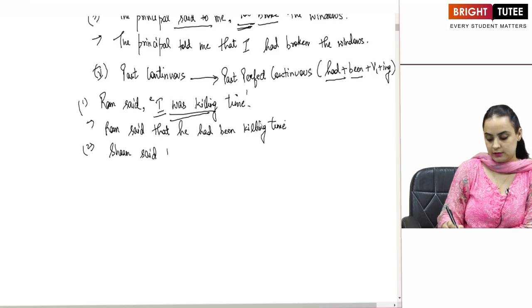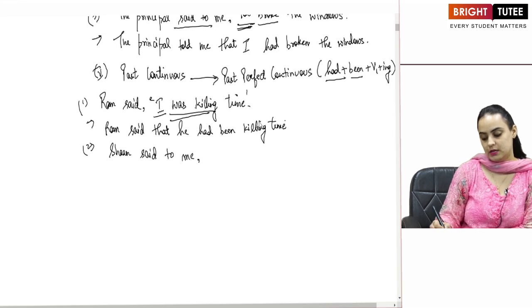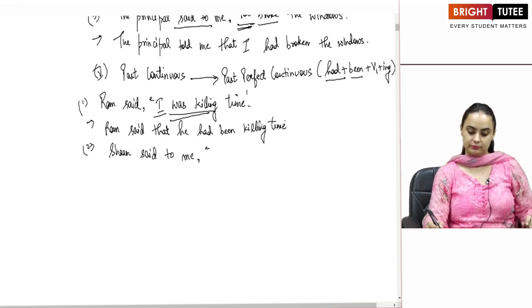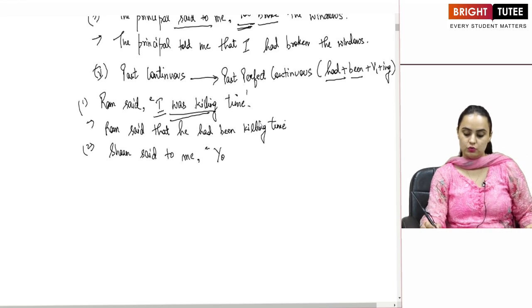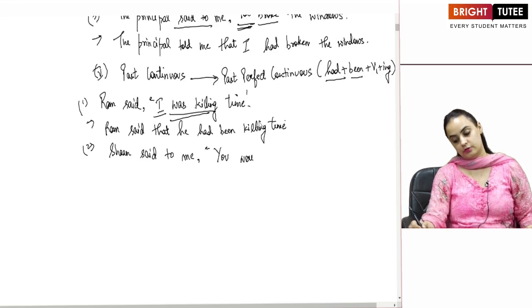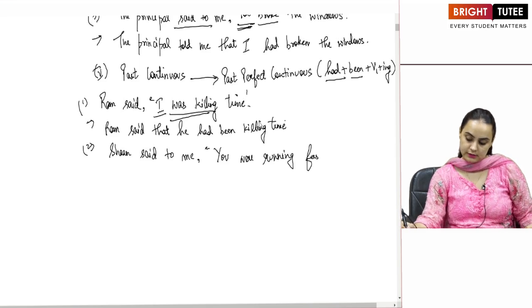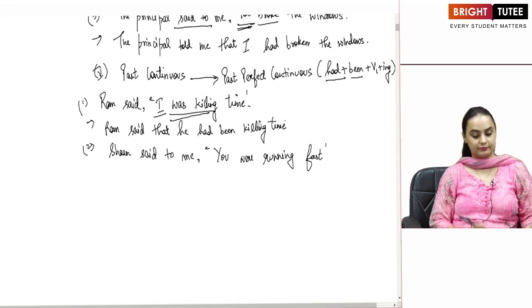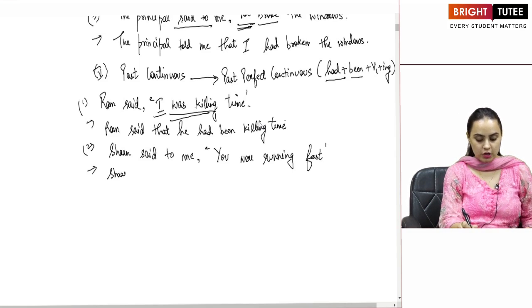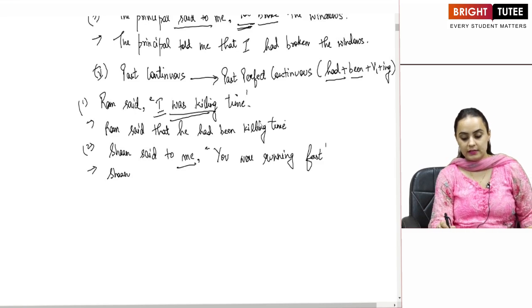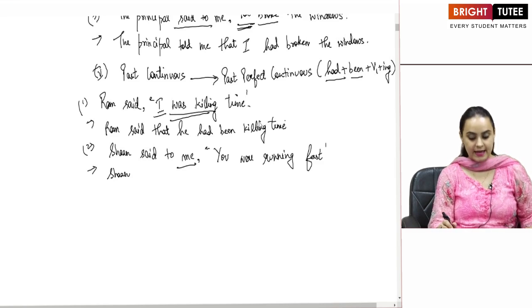Shan said to me, you were running fast. How do we change it? Who is the speaker? Shan. Do we have a listener in this sentence? Yes.